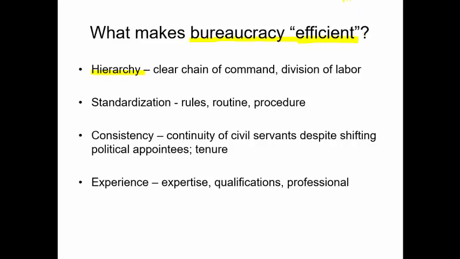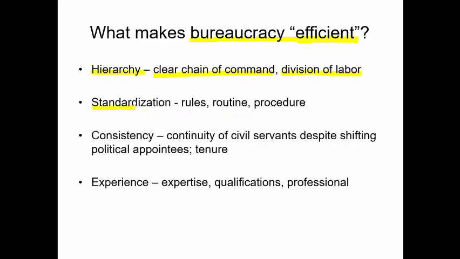And one of the reasons is the hierarchical structure, where you have a clear chain of command, a clear division of labor in order to make sure that tasks get done. And interestingly enough, private organizations over the past century have pretty much copied the general hierarchical structure as a general form of setting up your organization.